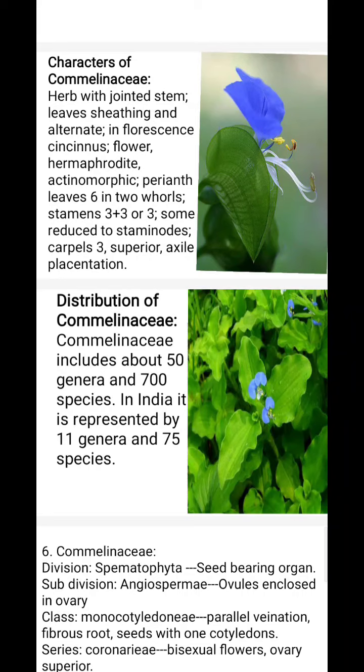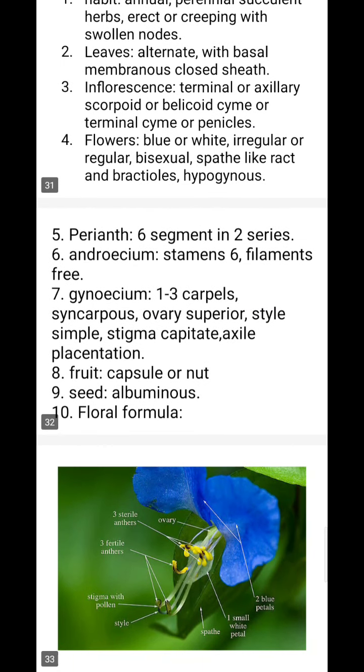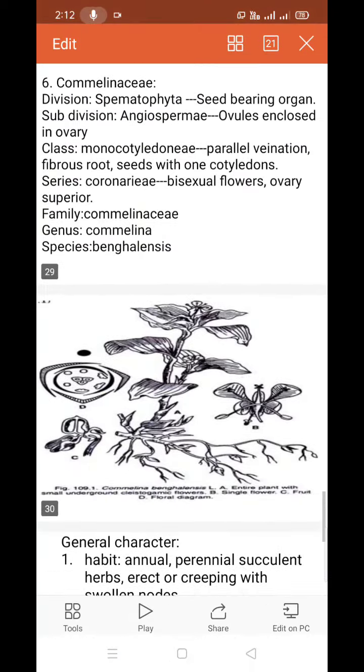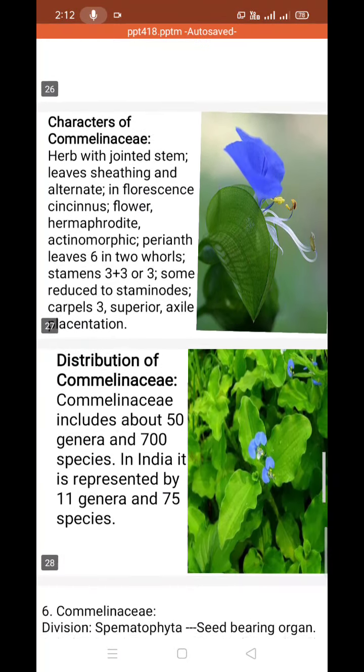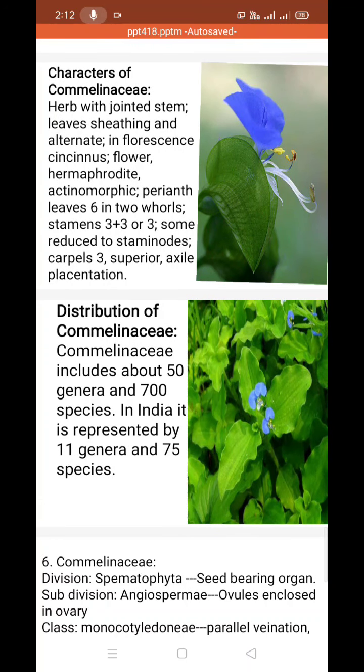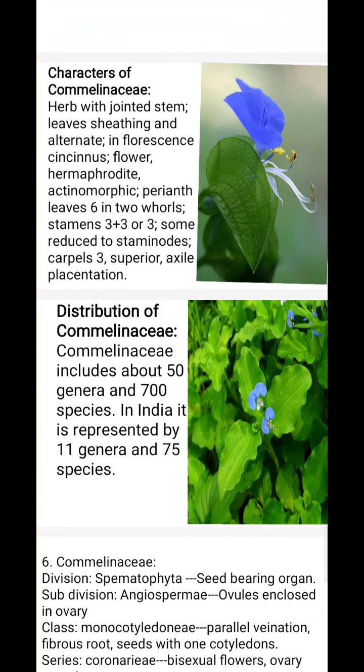That means in these plants the calyx and corolla are converted into the perianth. These perianth are arranged in two whorls, that is 3 plus 3.